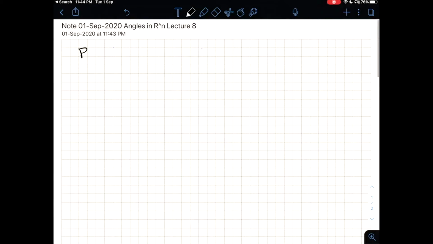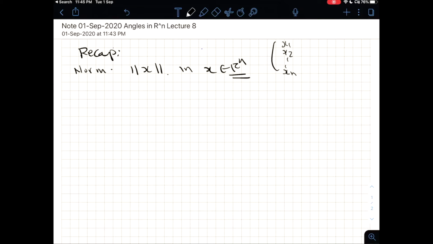So let's begin with a recap. In the last lecture, I introduced the notion of distance or norm of a vector in Rn. The vector is in Rn, n-dimensional space. It's an n-tuple x1, x2 to xn, and this is a function to a real number.